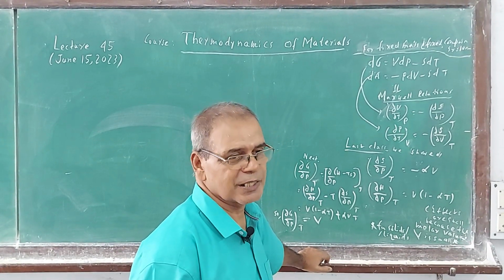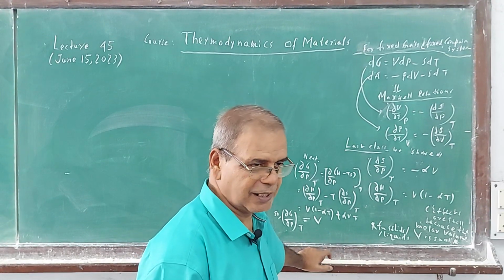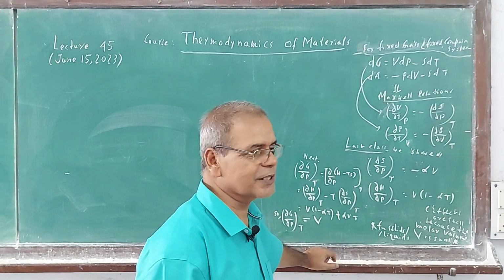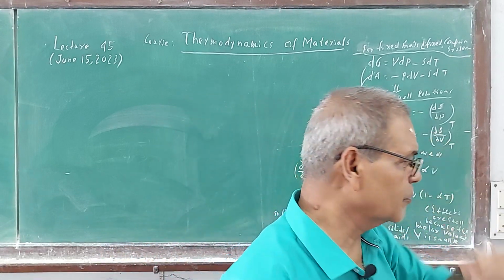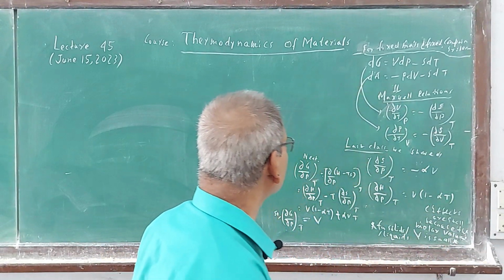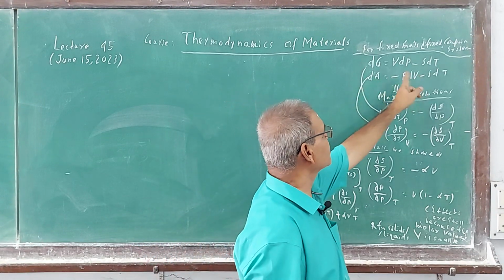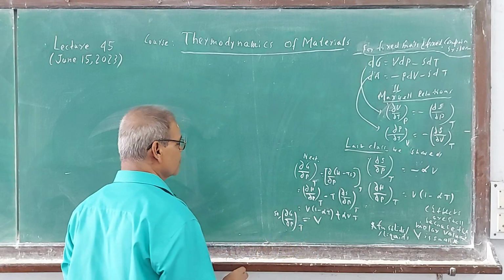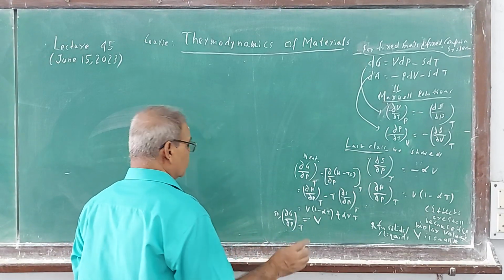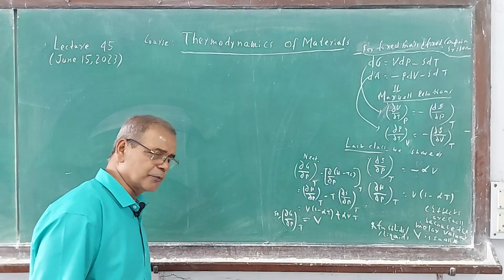So we knew the answer. It's a kind of cross check, consistency. You see this point? So this is your del G del P. That is, del G del P at constant temperature is V. So here also, cross check, also from this equation 1. This is fine, this can be obtained.